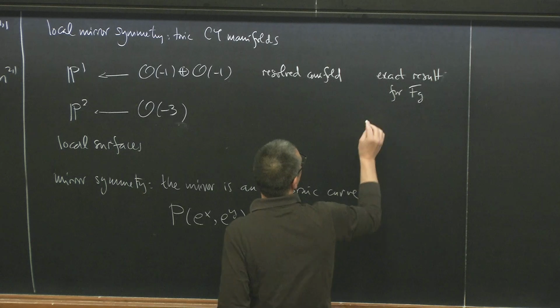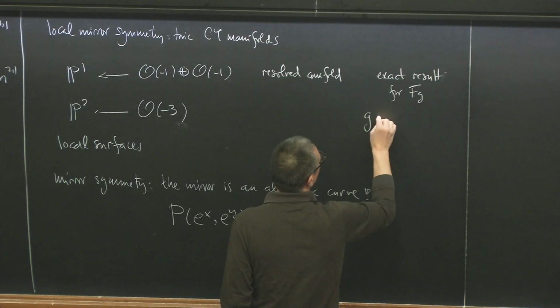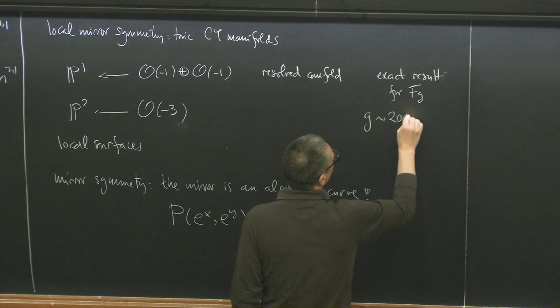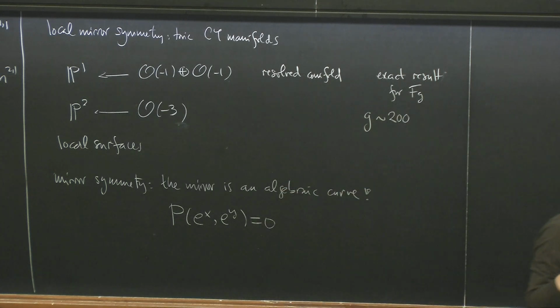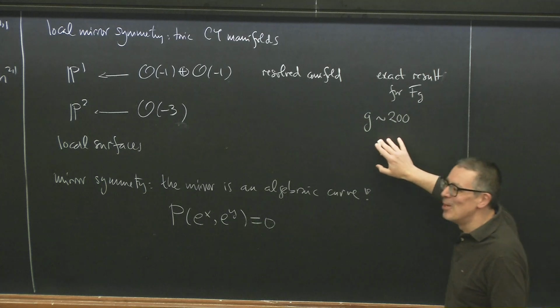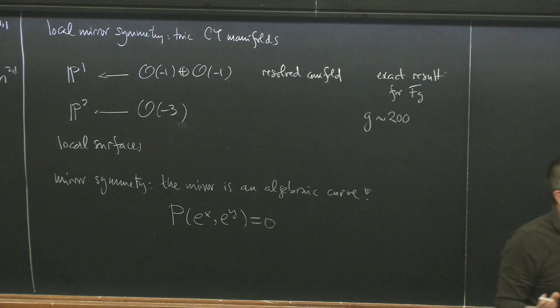I think right now people can get 200 genera easily. My former collaborator, Jie Gu, has a dedicated computer in his office just calculating higher genus amplitudes of local P2, and he told me last time that he got to genus 400.